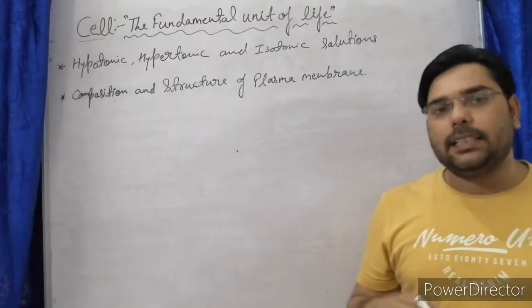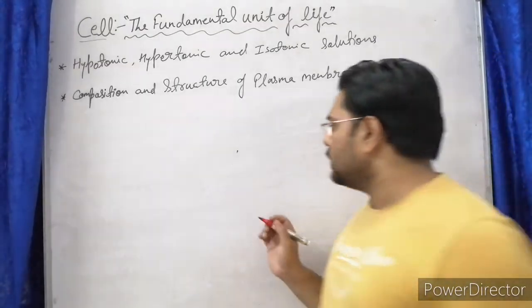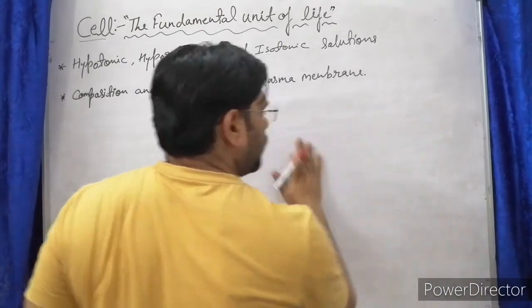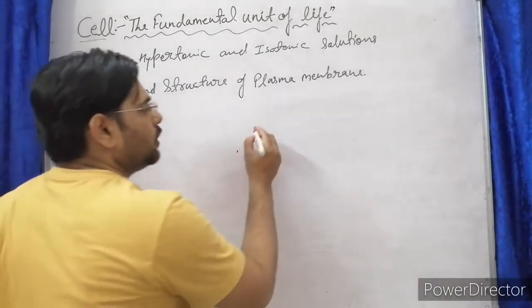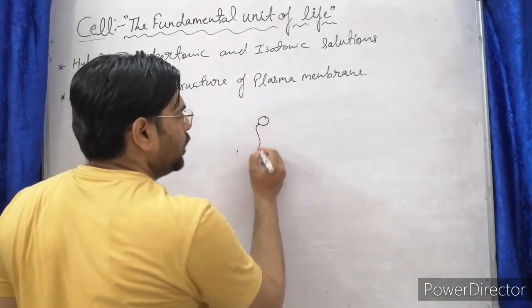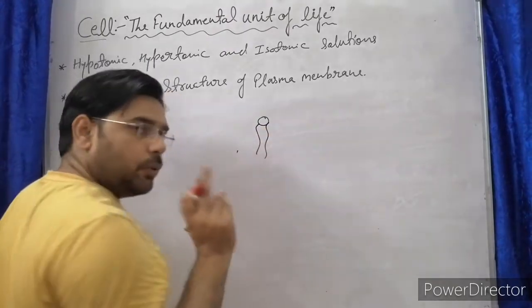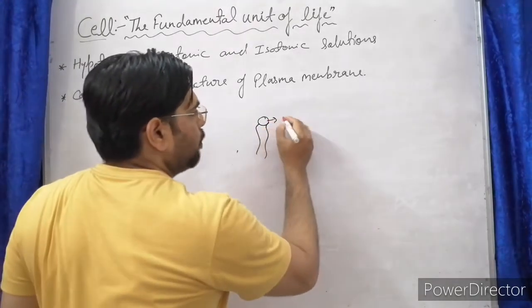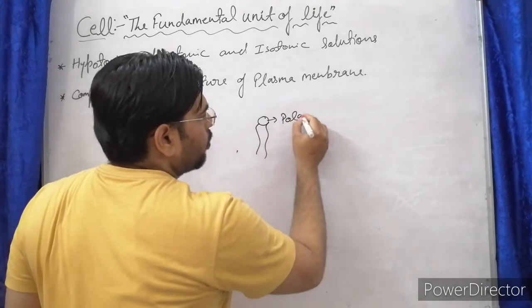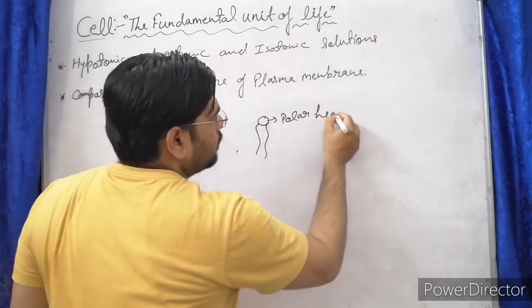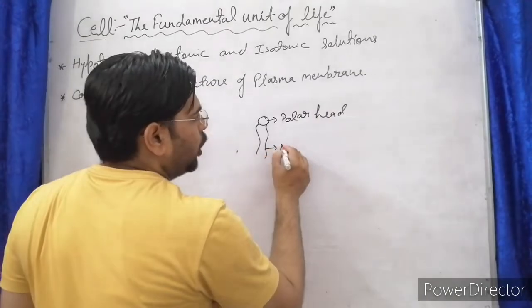Okay, let's see the structure of the fluid mosaic model. First of all, we have to know what a phospholipid is. This is a unit of phospholipid. One unit of phospholipid has a polar head and a non-polar tail.